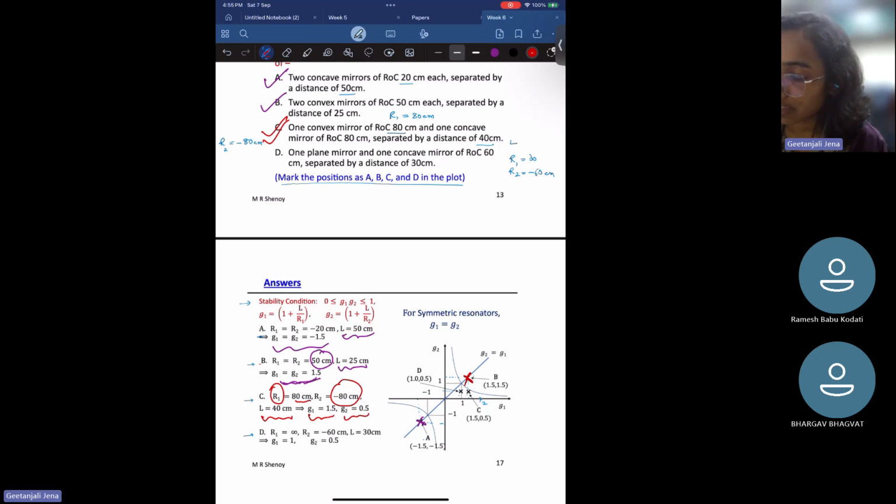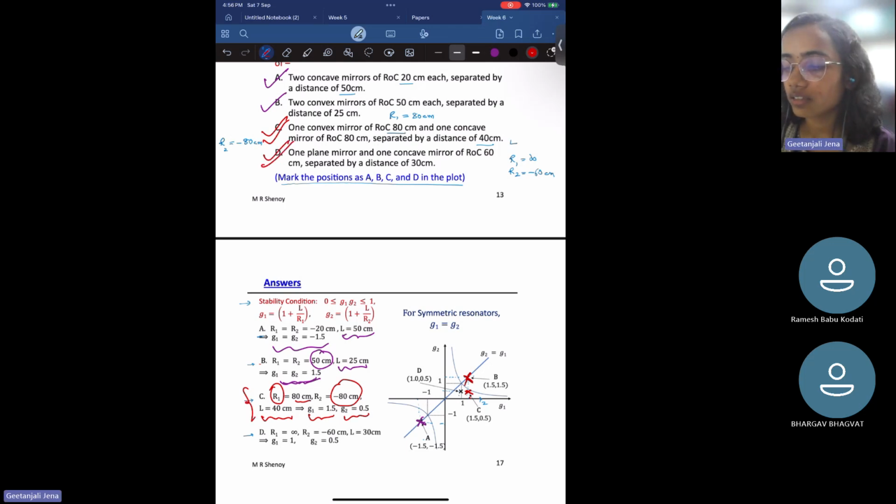If you see the position, G1 is around here and G2 is 0.5. So this point C lies inside the shaded region of the stability diagram. So that means this mirror setup, one concave and one convex, can form a stable resonator.